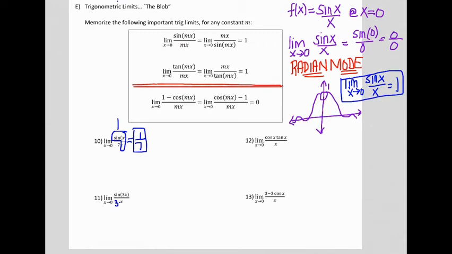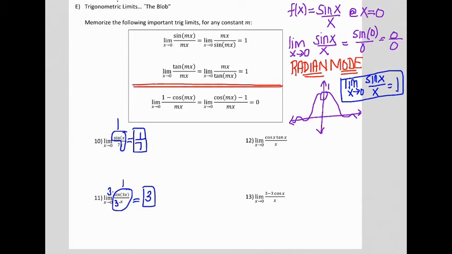But if I multiply 3 to the bottom, well, I have to multiply 3 to the top of the fraction not to lose its value. Now this sine 3x over 3x goes to 1, and then 3 times 1 is 3. So if you can blob out or find that sine x over x or sine 3x over 3x, that whole limit just goes to 1 and you're left with the constants.